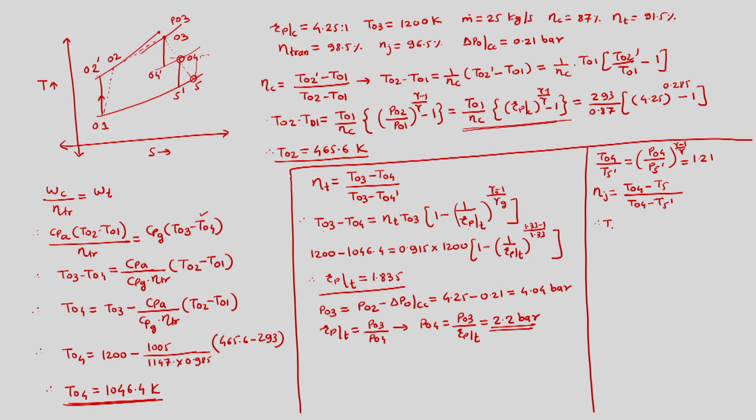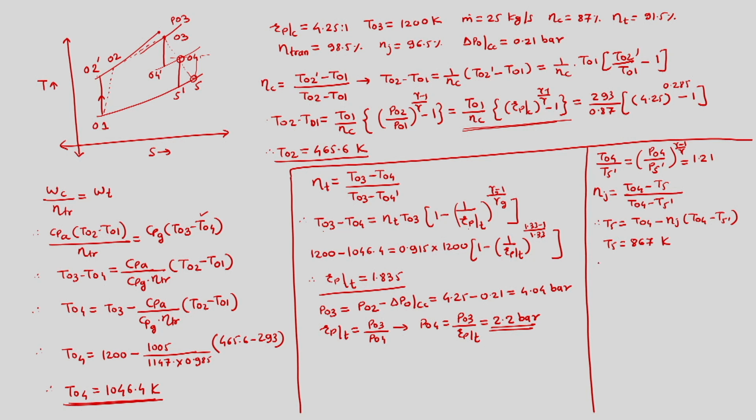So T5 is equal to T04 minus nozzle efficiency into (T04 minus T5 dash), and with all the known quantities this gives T5 as 867 Kelvin. So now we know T5.